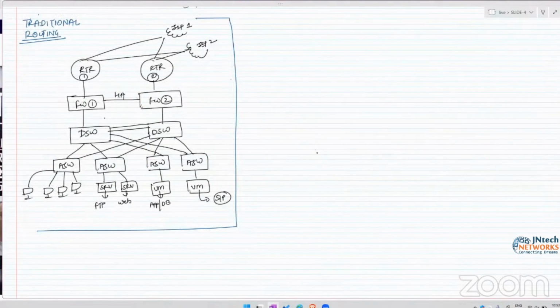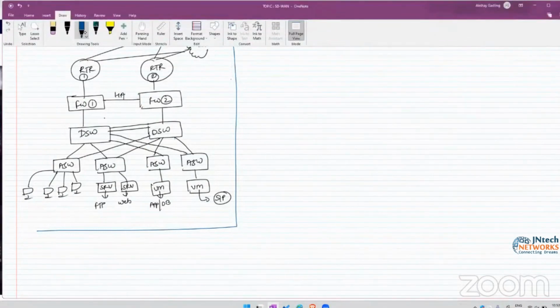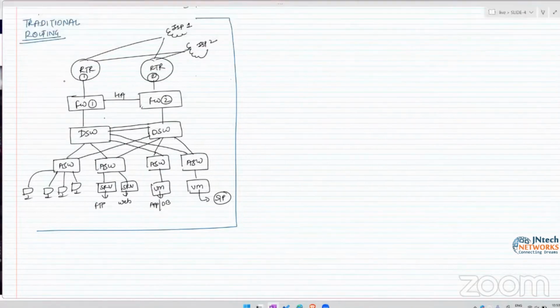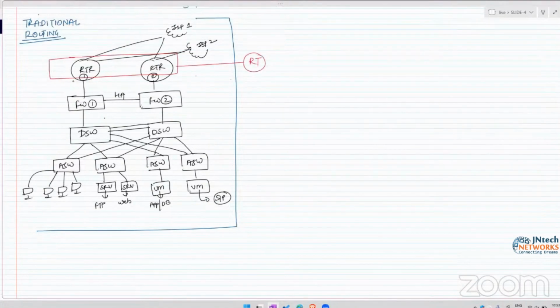In traditional routing, first you just need to go to the routers. Basically, this router will perform the routing task or packet forwarding. Clear? This router also selects a path.